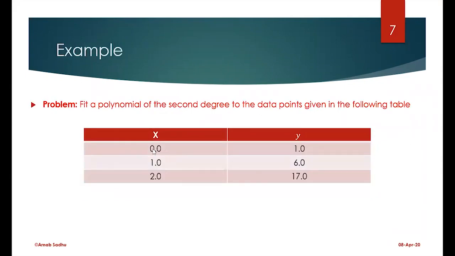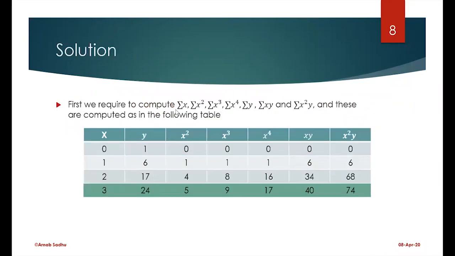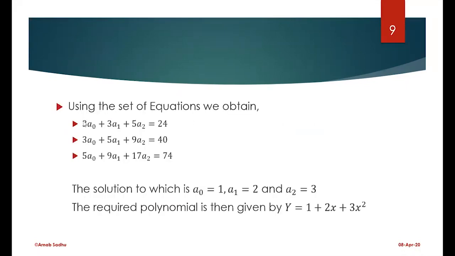See, a0, a1, a2, 3 data points. So for 3 data points we need those things. So this is what we need: summation of x, summation of y, summation of x square. So these values you can find out: x square, x cube, x to the power 4, xy and x square y. So these are the summations, and after you find out these, you have to put this in the equation.